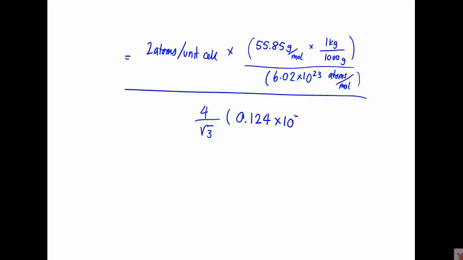Nanometers is 10 to the minus 9 meters. When we calculate this out, we are going to calculate the theoretical density. Here I've used the symbol rho to represent density. The theoretical density is always higher than the measured density of the material, because in real materials there are imperfections in the crystal, there are vacancies, etc., which reduce the density of the material from the maximum value possible.